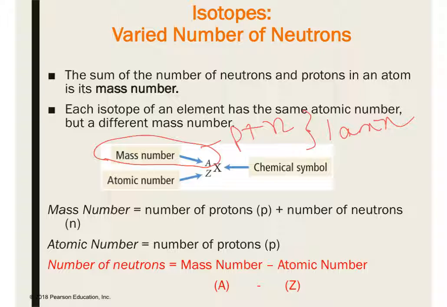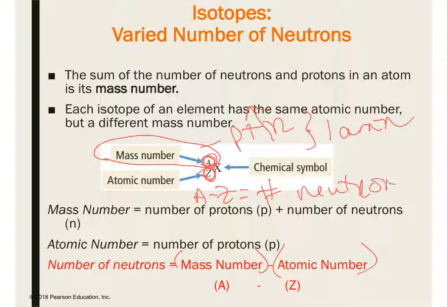Obviously if you have more neutrons, your mass is going to be larger. And then, of course, there's the number of protons. So how do we find the neutrons? The neutrons are found by the mass number, which in this pen and paper format is on top, minus the atomic number. So A minus Z is the number of neutrons.